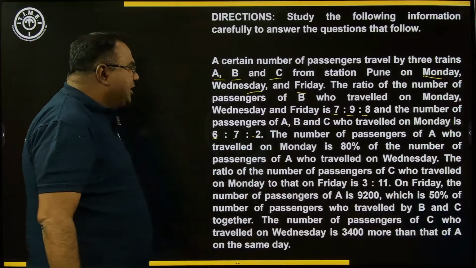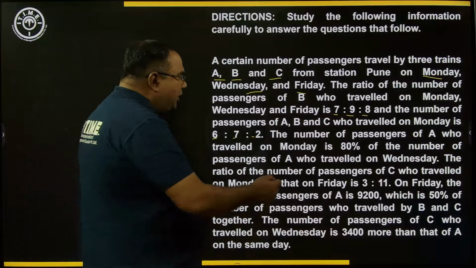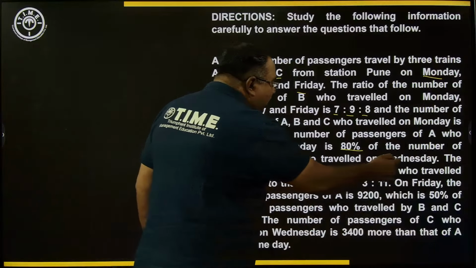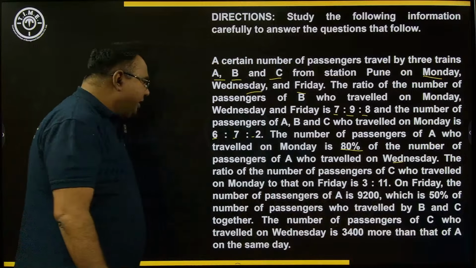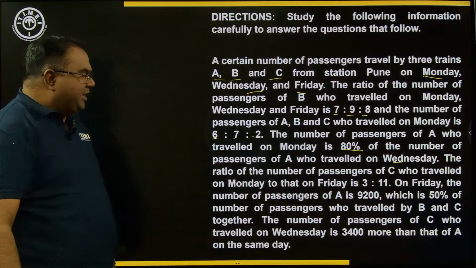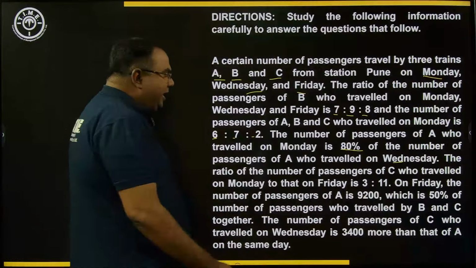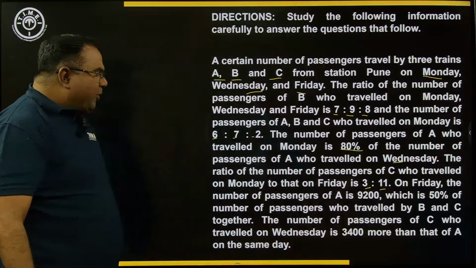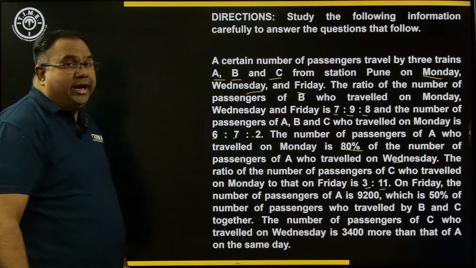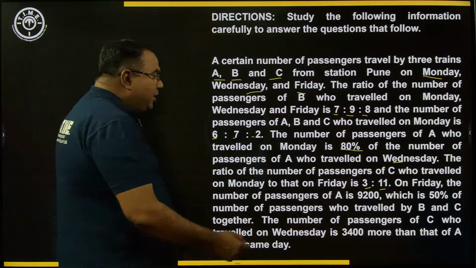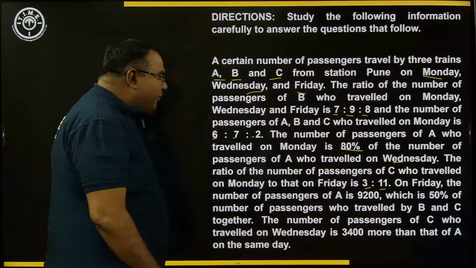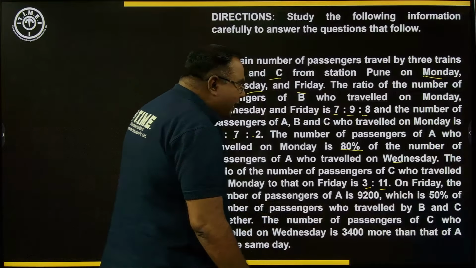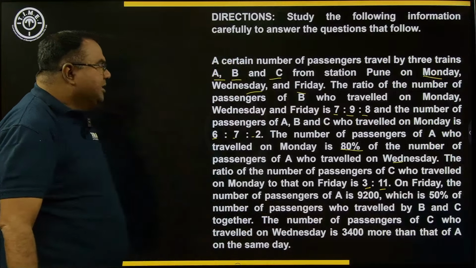The number of passengers of A who traveled on Monday is 80% of number of passengers of A who traveled on Wednesday. Okay, the ratio of number of passengers of C who traveled on Monday to Friday is 3:11. On Friday, the number of passengers of A is 9,200, which is 50% of B and C together. The number of passengers of C who traveled on Wednesday is 3,400 more than A on the same day.